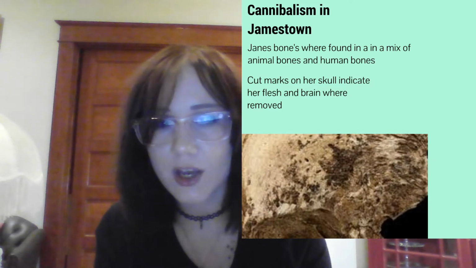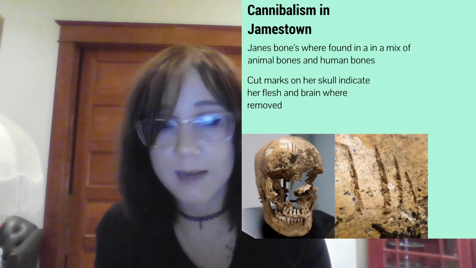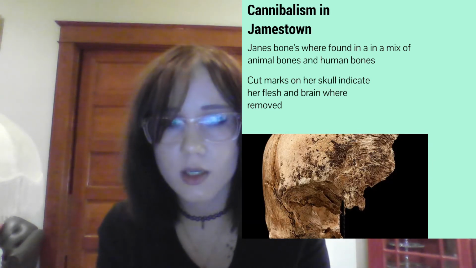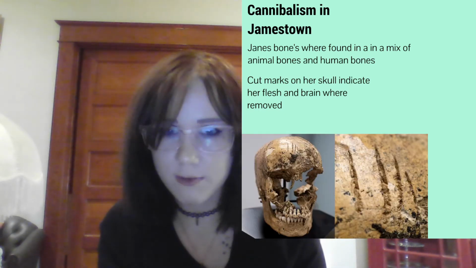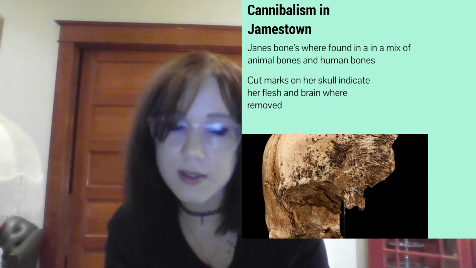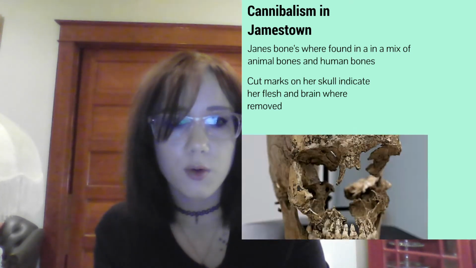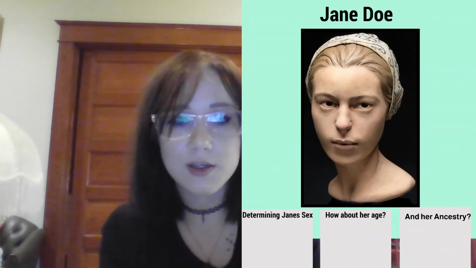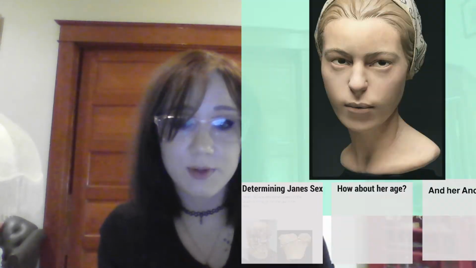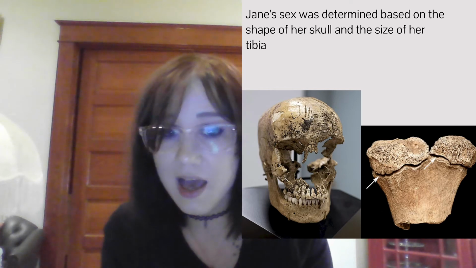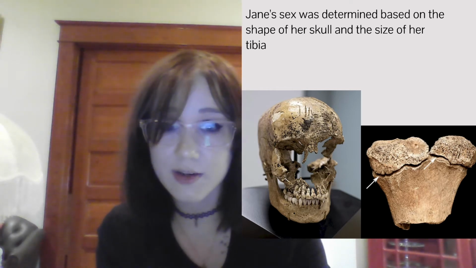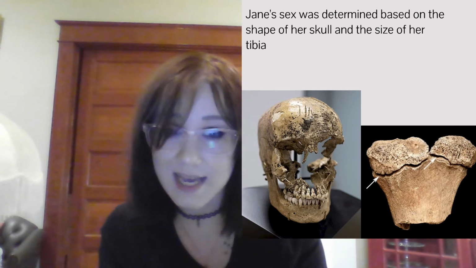So we know this Jane character was subject to cannibalism, but who was she? Well, just based off of what little remains we have of her, we're able to establish a few things about her. Based off of her skull shape, we are able to establish that Jane was female. Male and female skull shapes have a few significant differences and are commonly used to determine sex.